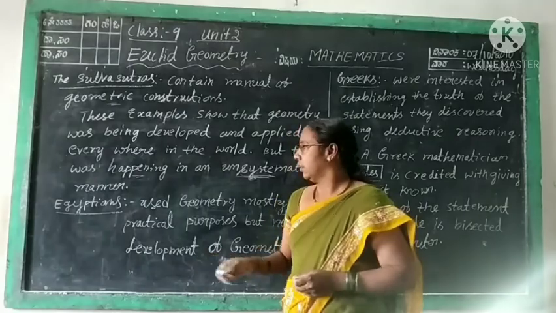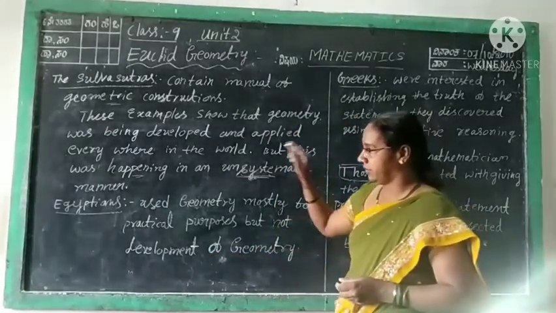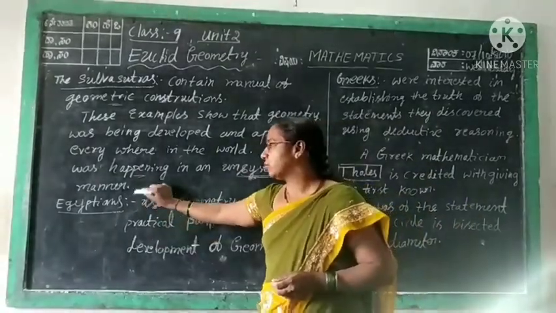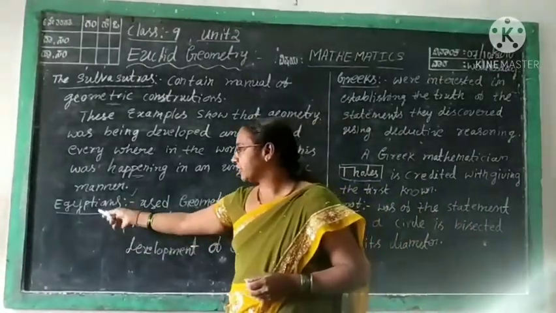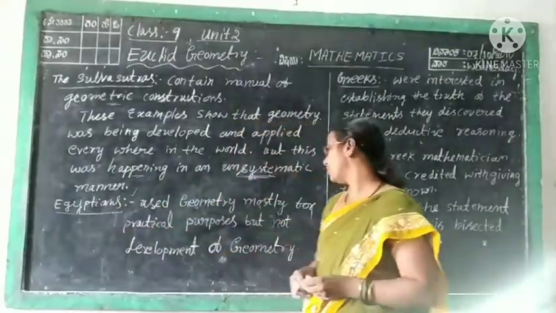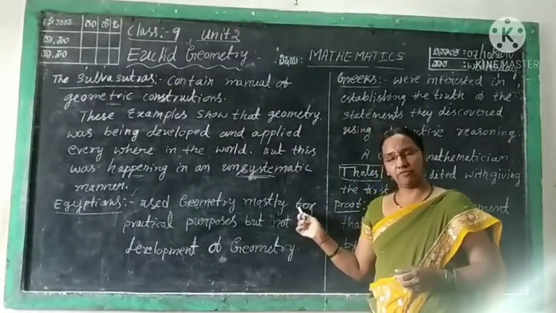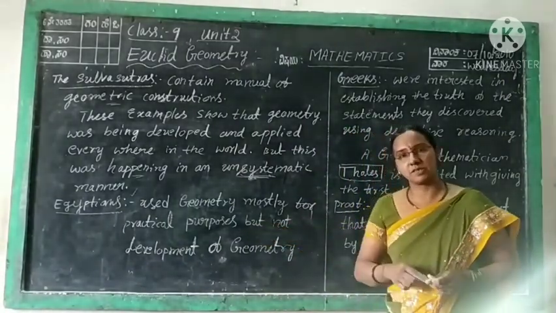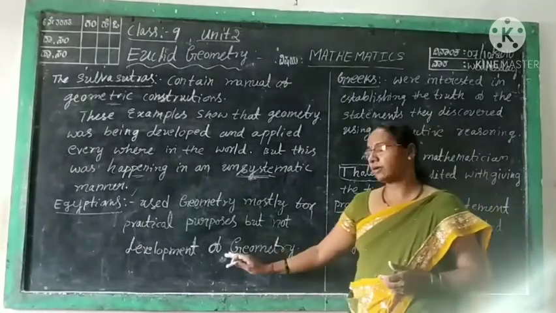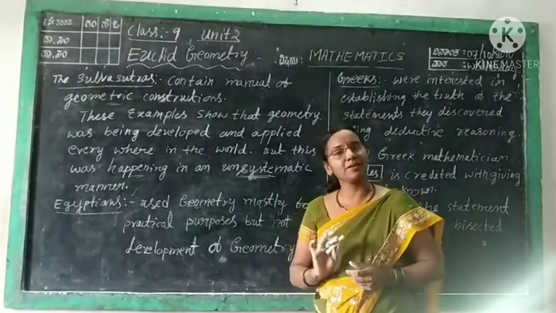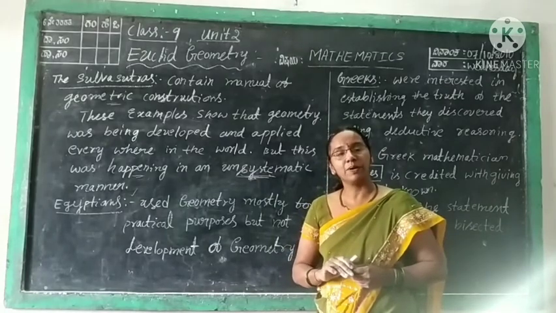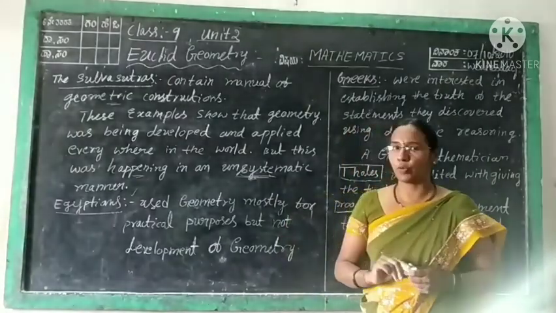Then which civilization used a correct method for geometry? First, the Egyptians used geometry mostly for practical purposes, but not for the development of geometry.